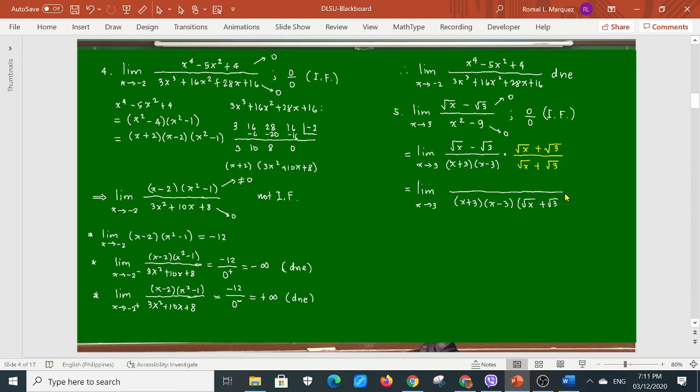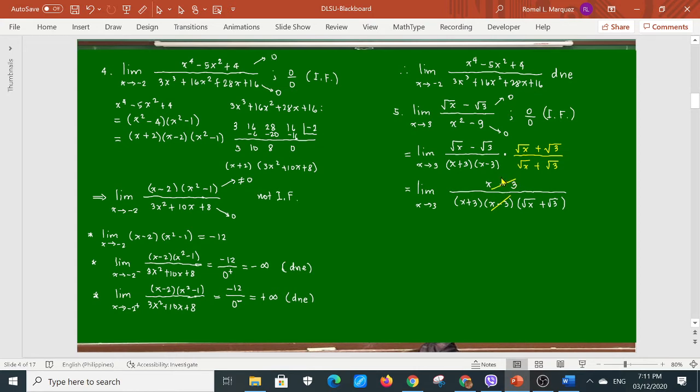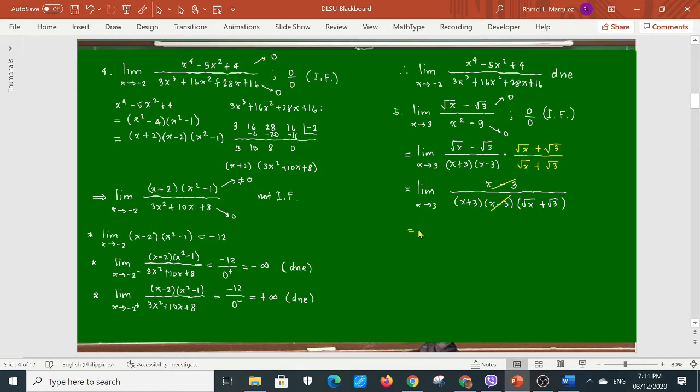In the numerator, a minus b times a plus b, so that is x, since the square root of x squared is x, minus 3. That's the product, from which I can now cancel x minus 3. So I was able to remove the quantity that makes the numerator and denominator 0.